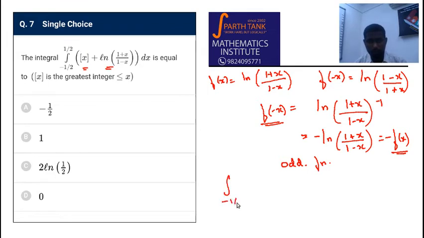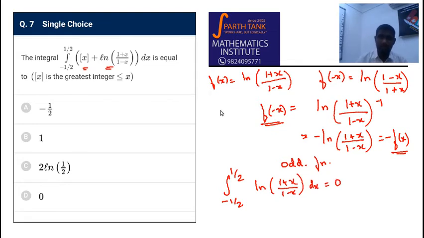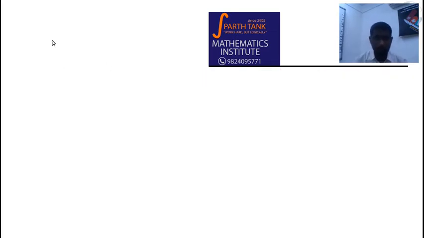Integral minus 1 by 2 to 1 by 2 ln of 1 plus x by 1 minus x dx is 0. Very simple. Let us evaluate the first integral. Integral minus 1 by 2 to 1 by 2 box x dx. Split this into two integrals because box x is discontinuous.